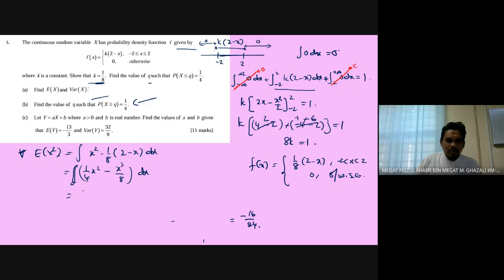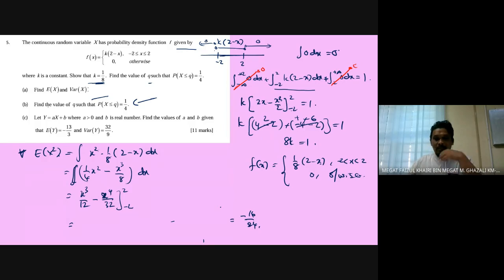Okay, so 1 over 4 x squared, x cubed divided by 12 minus x to the power of 4 divided by 32 from negative 2 until 2.